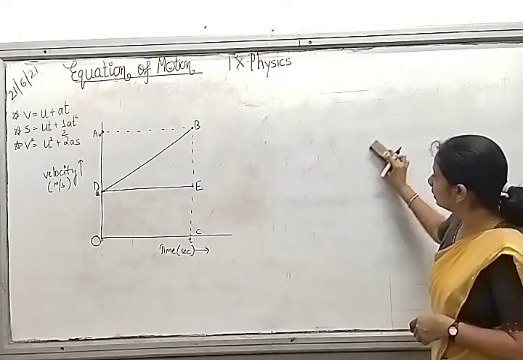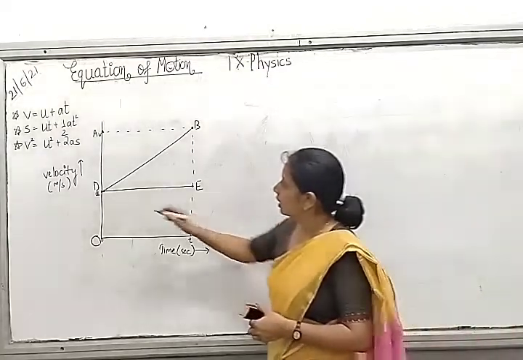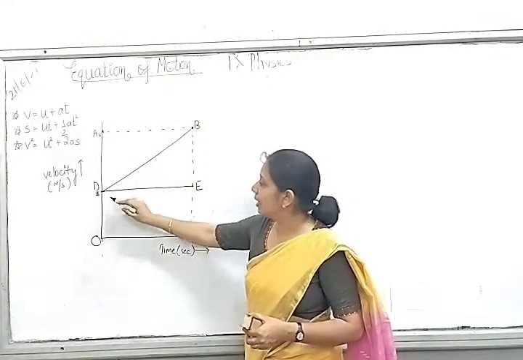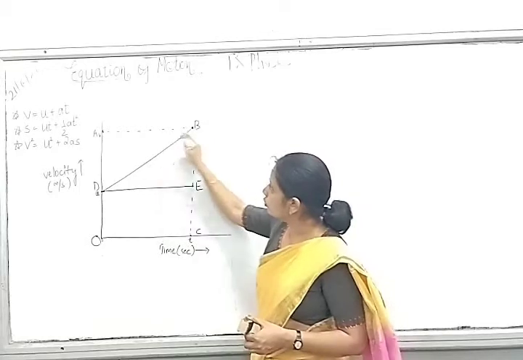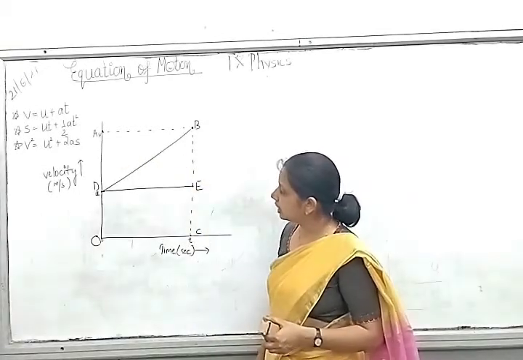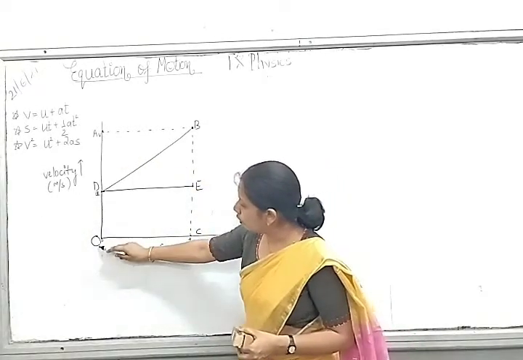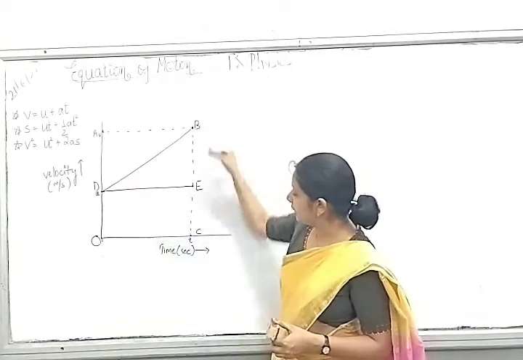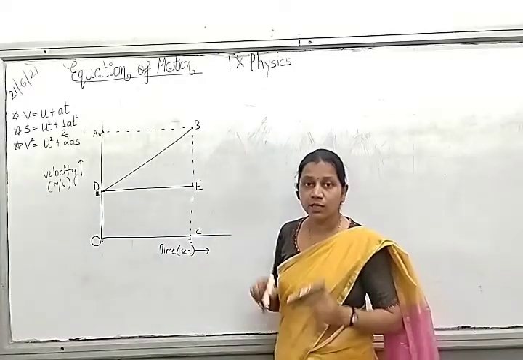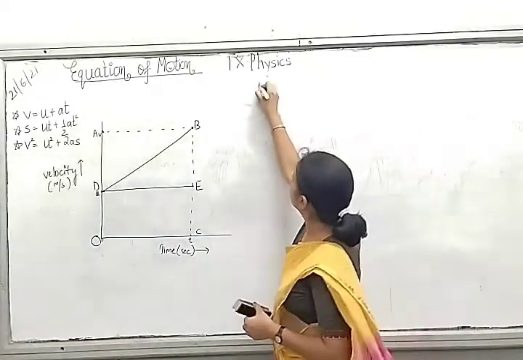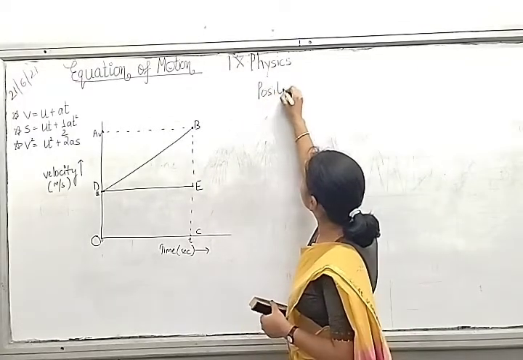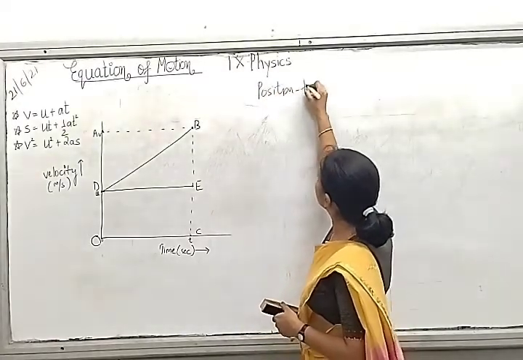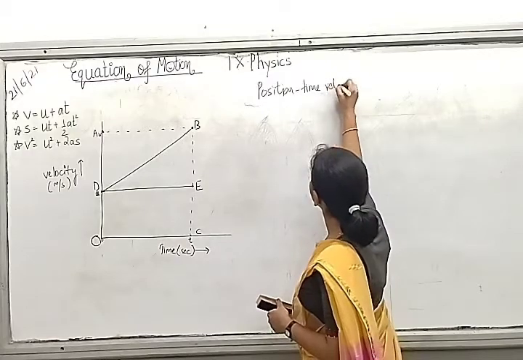Now if you see here, the area covered by line DB. I have dropped two perpendiculars, and the area covered is nothing but ODBC. What I am doing here is finding the second equation of motion, the position-time relation.